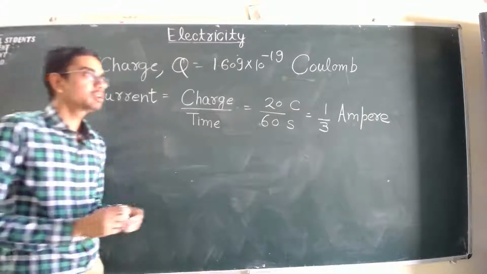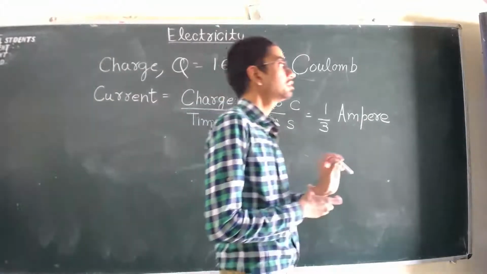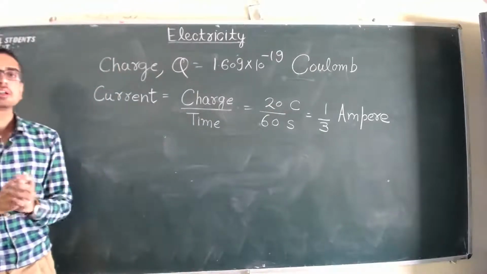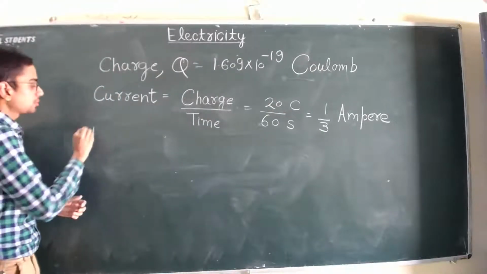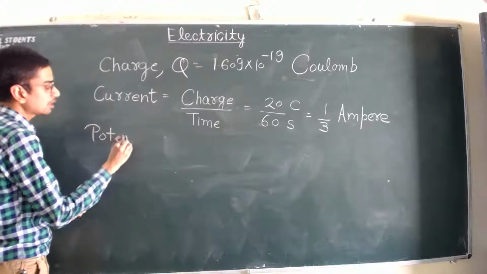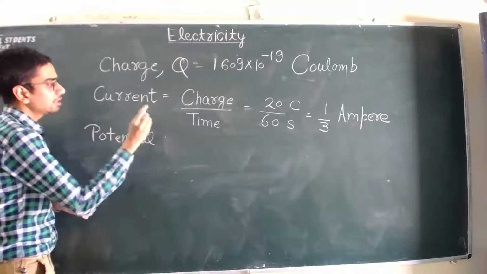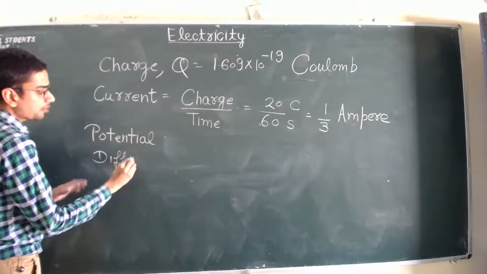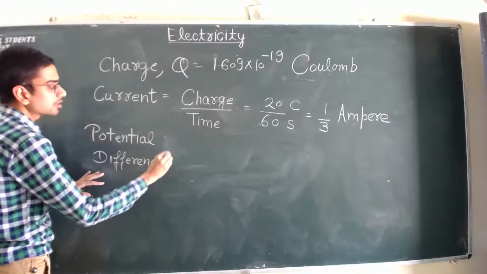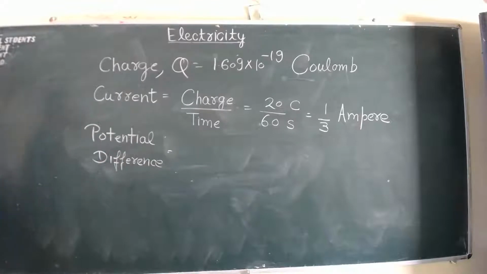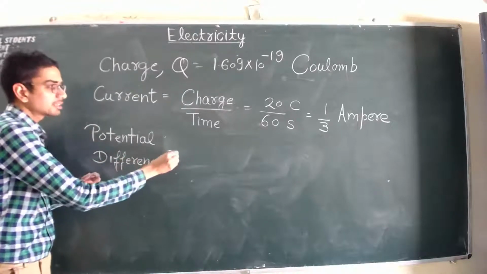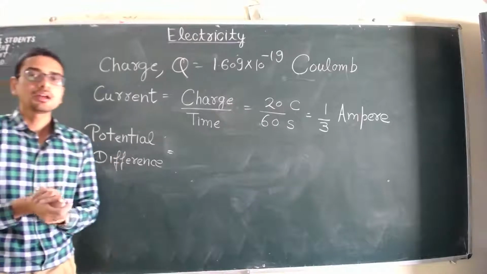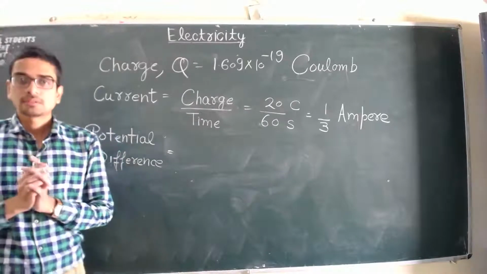Now we proceed to a new thing, which is potential difference. How do we define potential difference? आपको इसकी इम्पॉर्टेंस, इसका जनरल मीनिंग क्या है वो आपको पता चल चुका है. अब आप इसको डिफाइन कैसे करते हो? See, potential difference you define, you say like this is the work done.